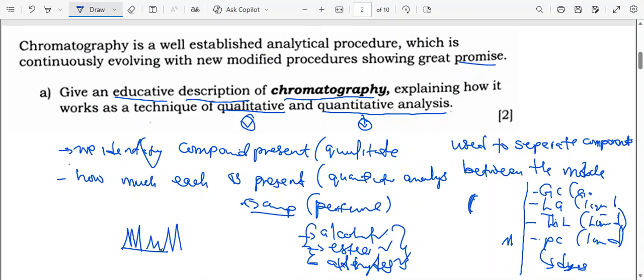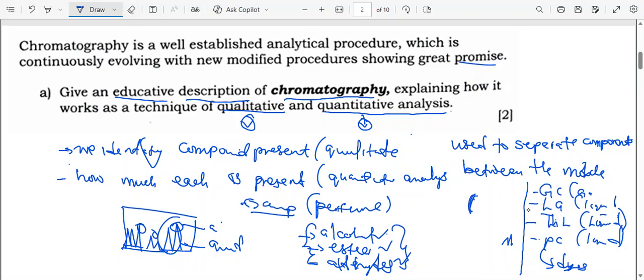So identification of these peaks, stating that there are peaks of alcohol, peaks of esters, peaks of aldehyde, means that we are now doing the qualitative analysis. Okay, then how much of the aldehyde is present there, that is the quantitative. All right, so those are the things, just the educative information I can give.